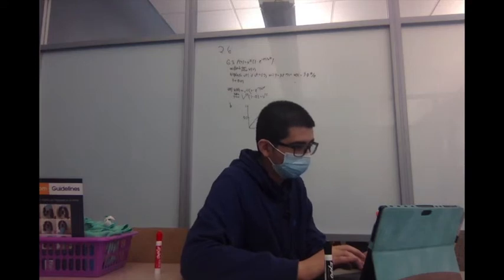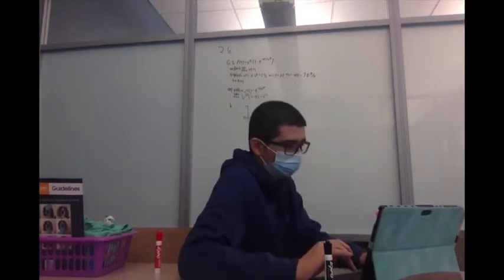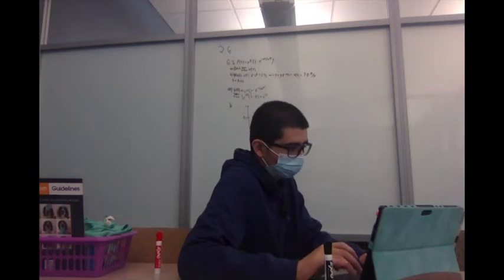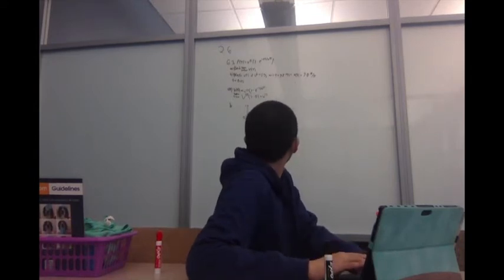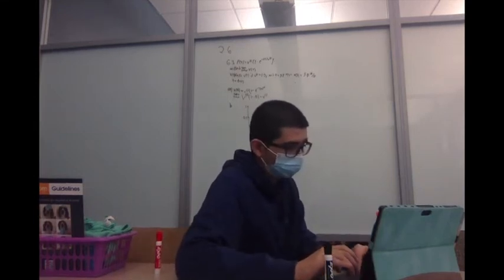And then graph v of t if v star equals 1 meter per second. How long does it take for the velocity of the raindrop to reach 99% of its terminal velocity?